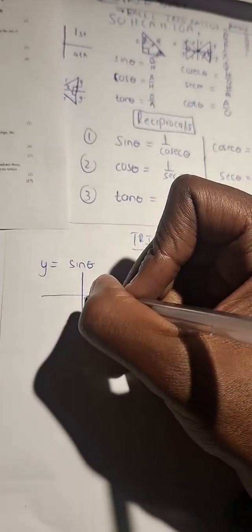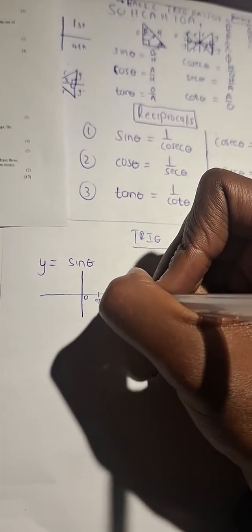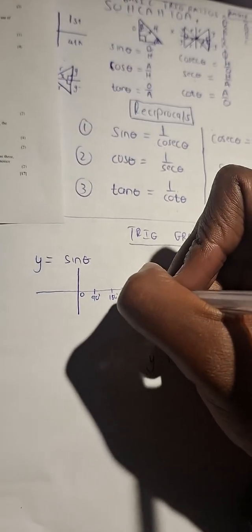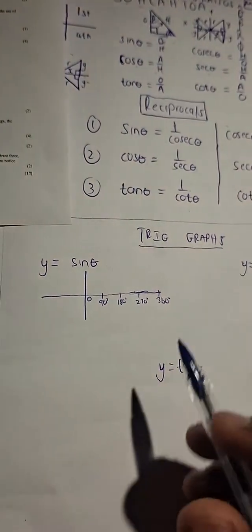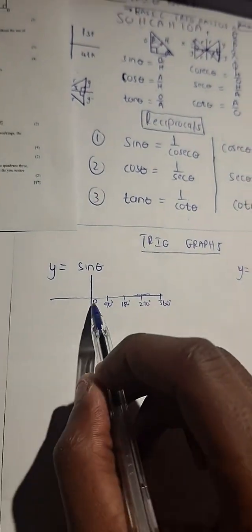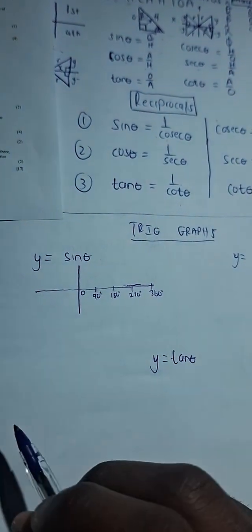Importantly, 0, 90, 180, 270, and beautiful 360. I mean, you could obviously extend it even to the negative angles, and I'm sure you'd see the shape.